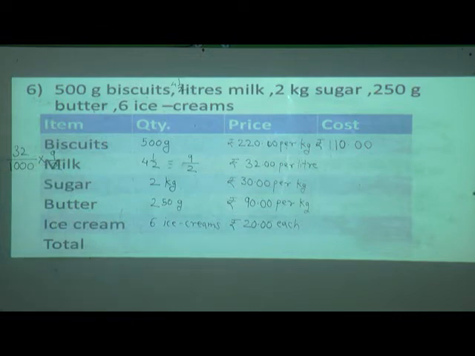Do the calculation students. What you will do students? Sorry, here 32 multiplied by 9/2, 16. 16 nines are, yes students, 16 nines are 144.